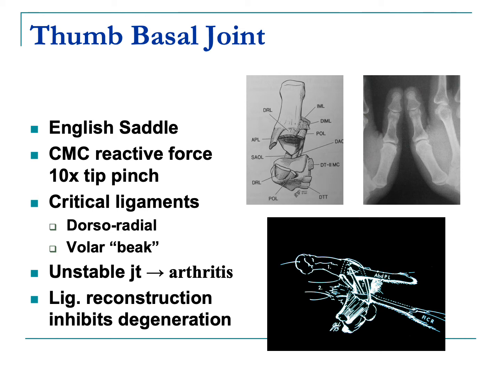On the X-ray on the upper right, you'll see an X-ray in which stress is placed between the tips of the two thumbs, and you can see that the metacarpal with this stress X-ray slides radially out of the saddle joint of the trapezium. There's been some discussion about which ligaments are the most important in stabilizing the basal joint of the thumb. Pellegrini initially said it was the volar beak ligament, and now we understand that it's actually the dorsal ligament which is most important.